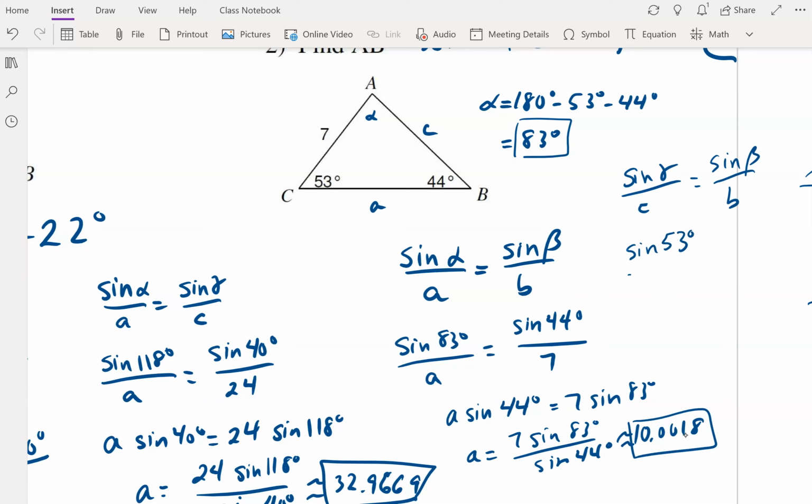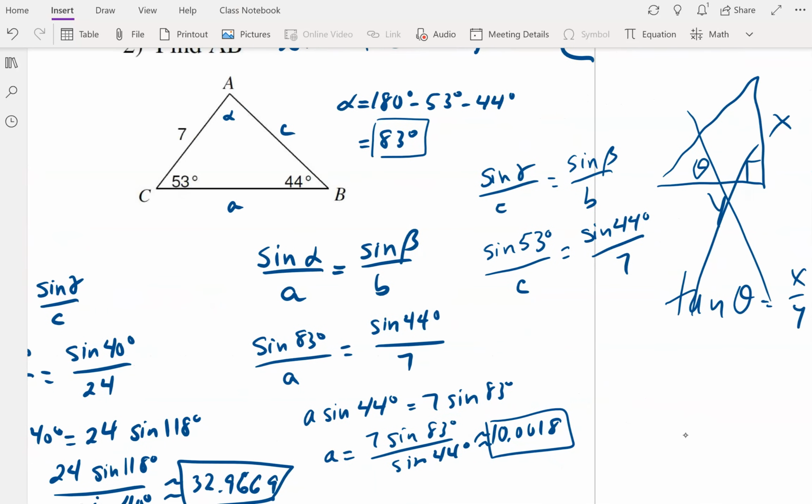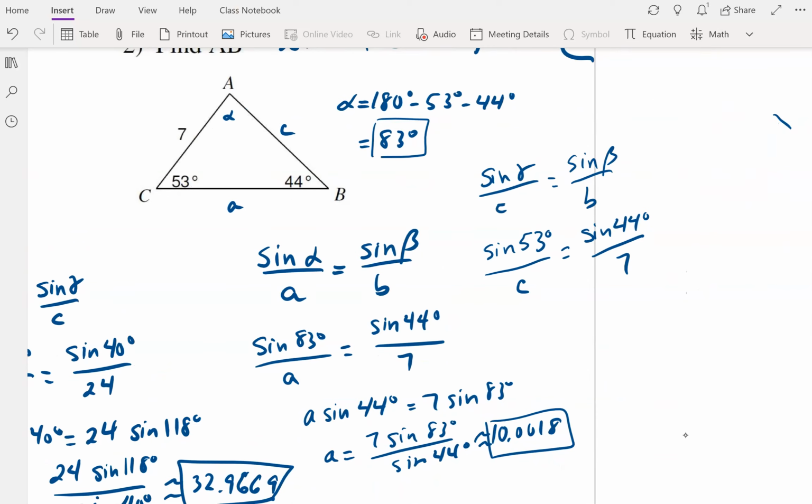Gamma is 53 degrees. I don't know C. Beta is 44 degrees. And B is 7. Cross multiply.